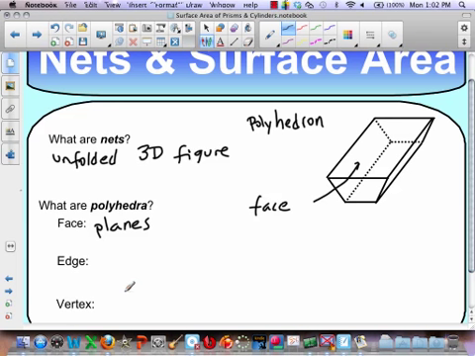Where your faces intersect, what type of geometric figure is created? Look at the figure. When I have two faces that intersect, what type of shape is created? A line. Okay, so your edges are the lines, or the intersection of the faces.